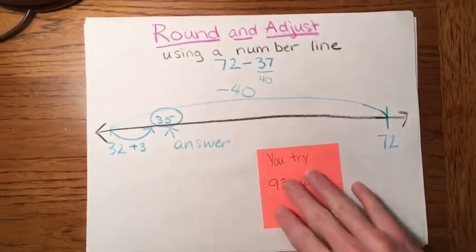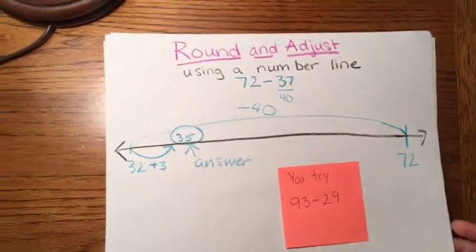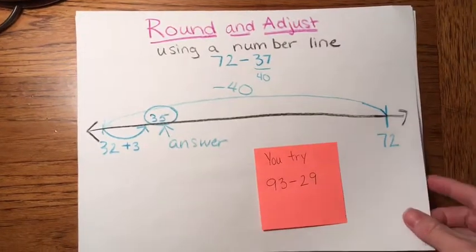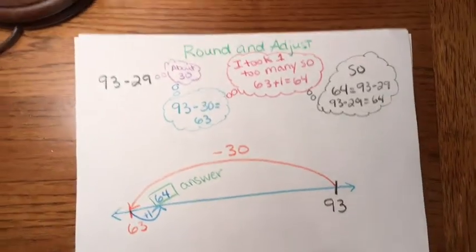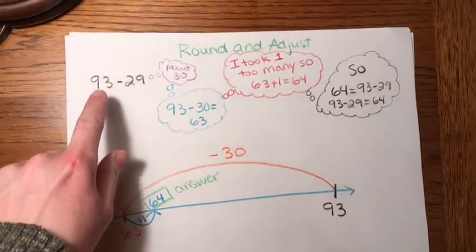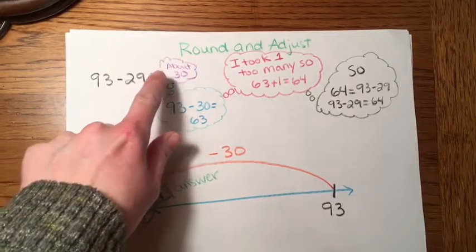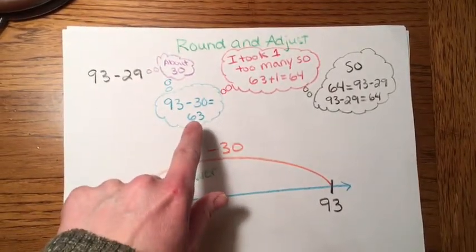Let's take a look at what the answer could look like for the 93 minus 29. There is more than one correct answer as long as you adjust. Here is one sample answer. So here's just using numbers and thought. We started with 93 minus 29, so we know that 29 is about 30. So 93 minus 30 is 63.